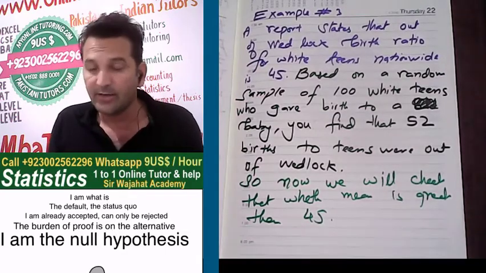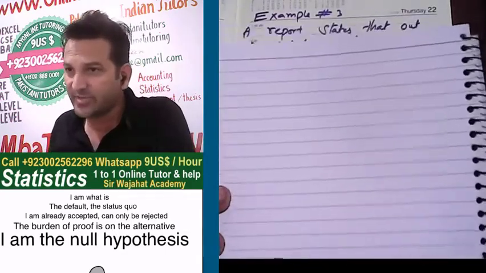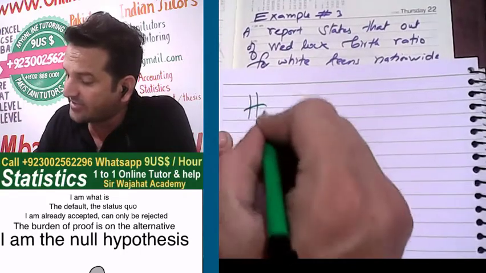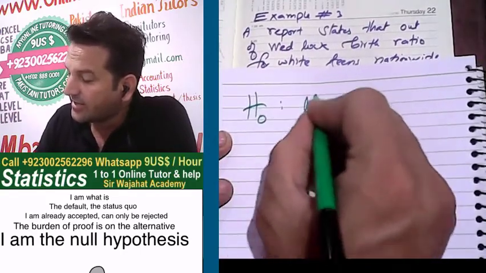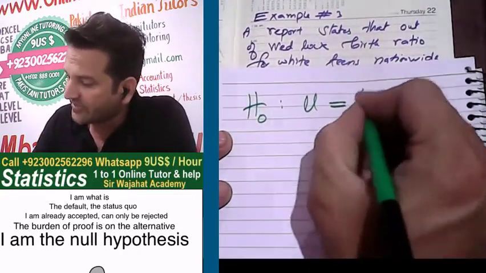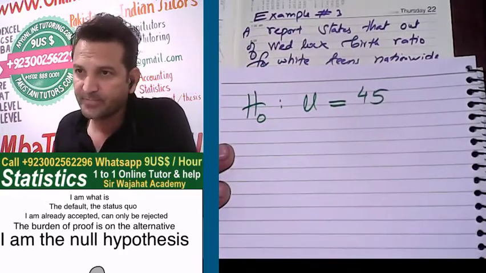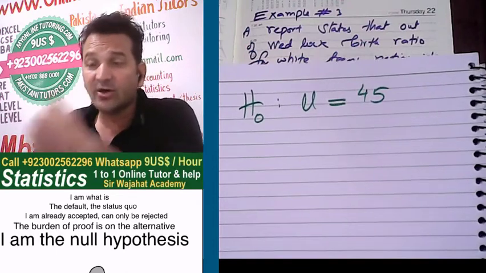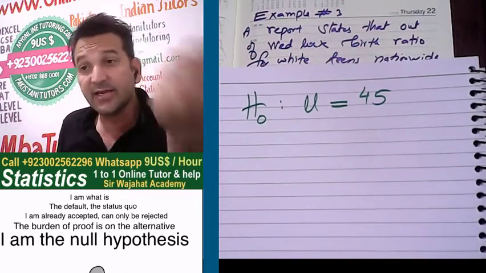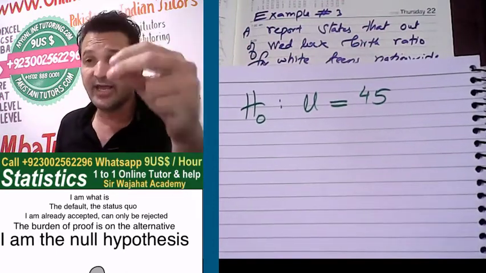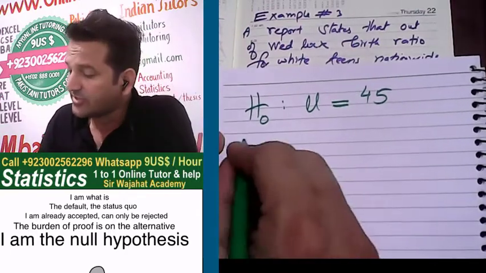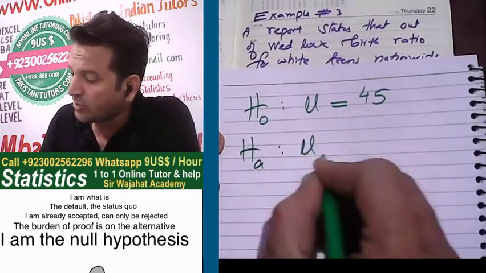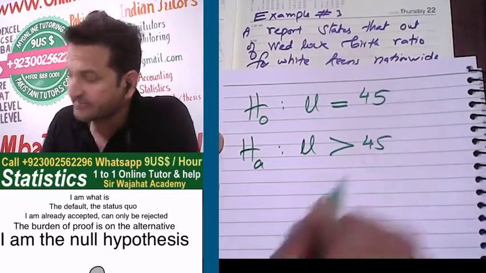So how do we make the null and alternative hypothesis? The null hypothesis H naught will be mu is equal to 45. This is the null. This is already accepted. This is the study conducted on thousands of people. But then the researchers plan to take a sample of only 100 people. So the alternative will be that mu is greater than 45.